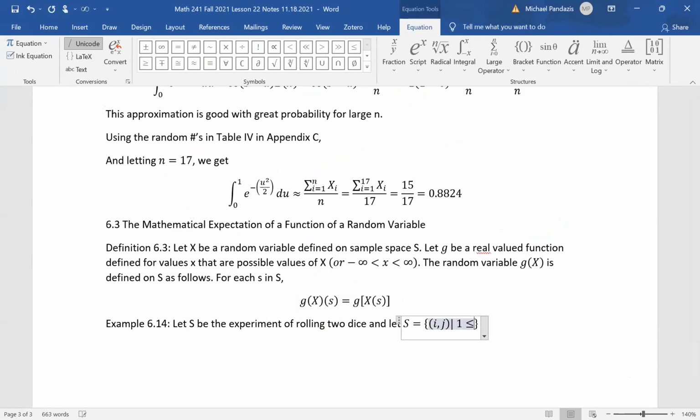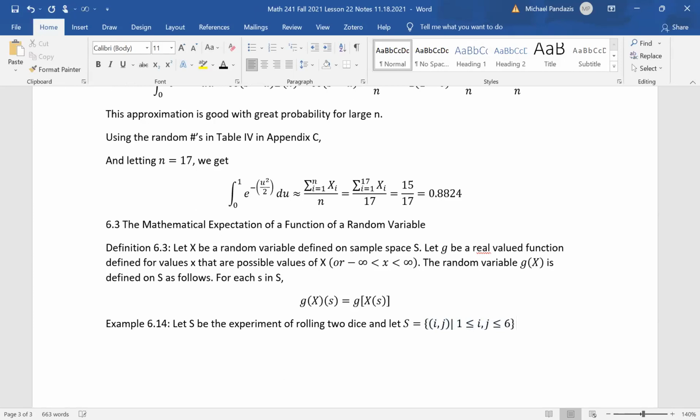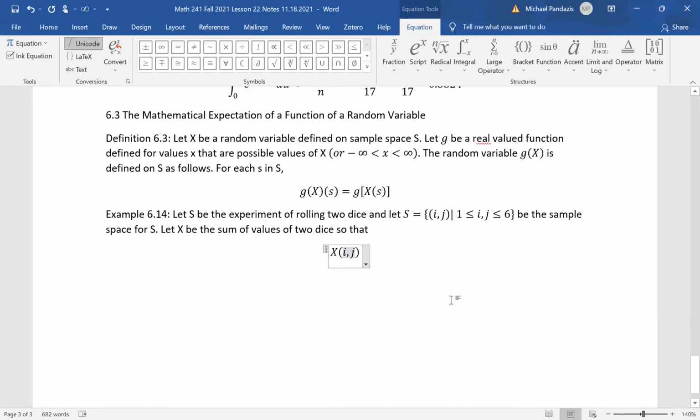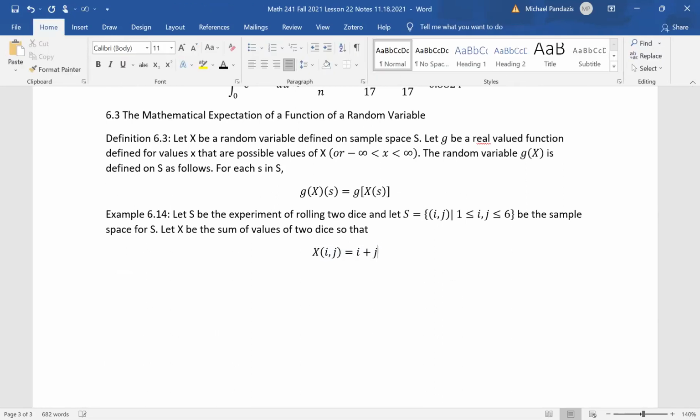So I'm going to write that a little bit shorter: both i and j are between 1 and 6. So let that be the sample space for our experiment capital S. Let capital X be the sum of values of 2 dice, so that X of i comma j is equal to i plus j. And this is for i comma j in capital S.